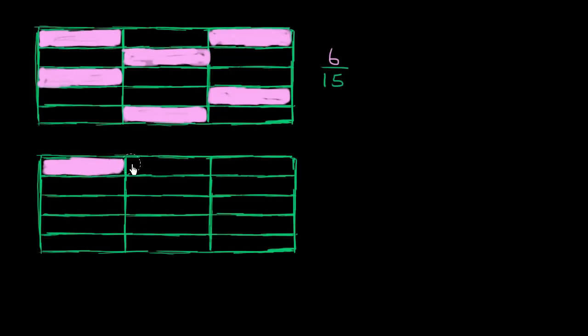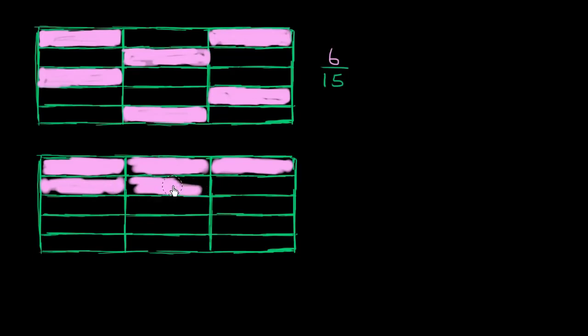All right, one rectangle, two rectangles, three rectangles, halfway there, four rectangles, five rectangles shaded in, and now six rectangles shaded in. So this right over here, what I just did, this is still 6 rectangles of the 15 rectangles that are shaded in. So this is still 6/15. These are representing the same thing.